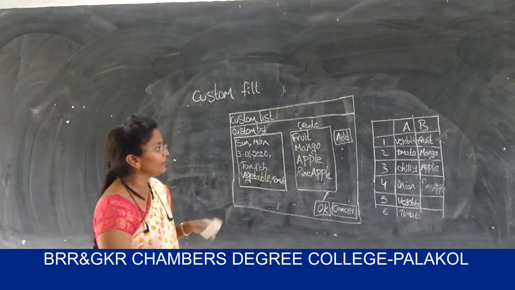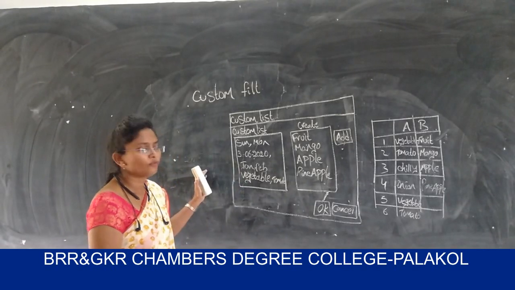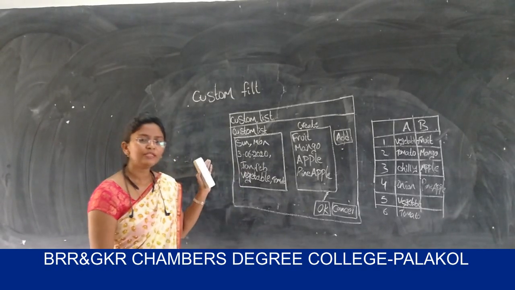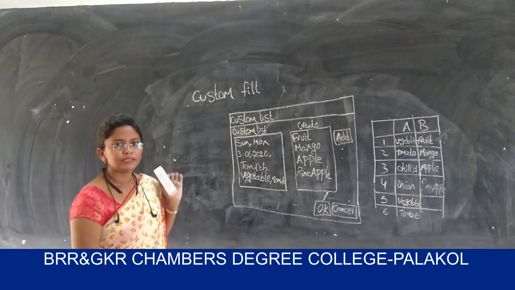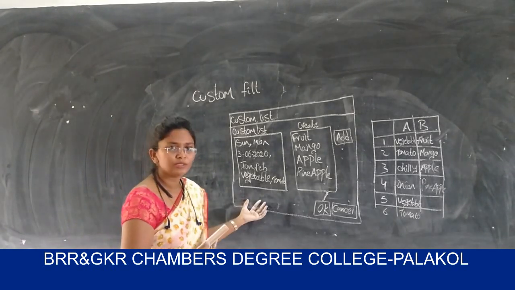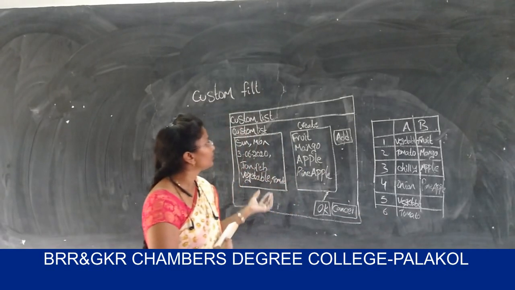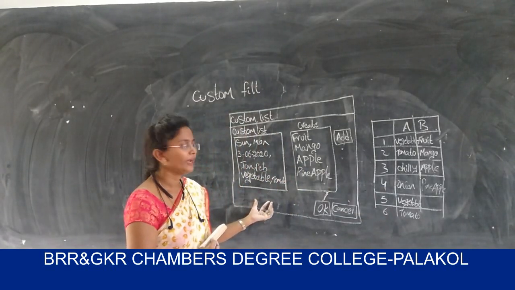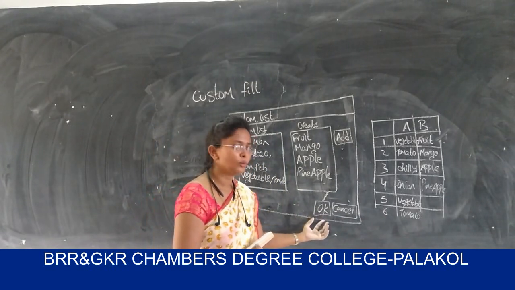There is a difference between autofill and custom fill. For example, autofill means the value will be copied further or filled with the remaining series in the Excel sheet. For a custom list, it won't fill the remaining entries automatically. You have to go to the custom list, create some new list entries and then click on the OK button.